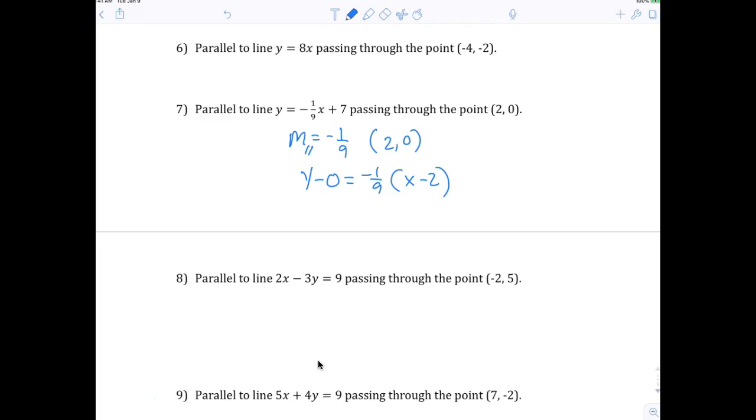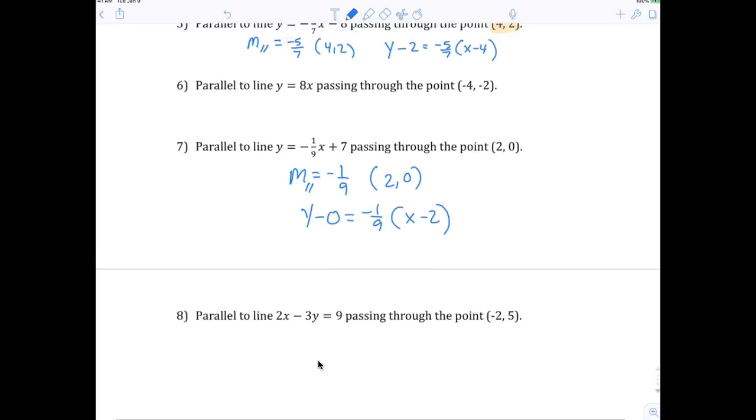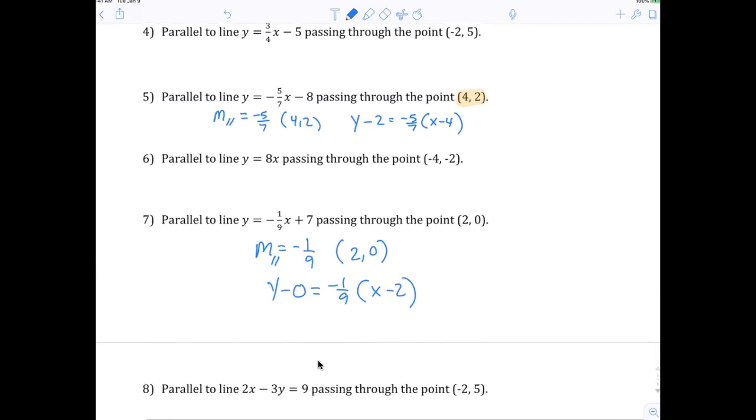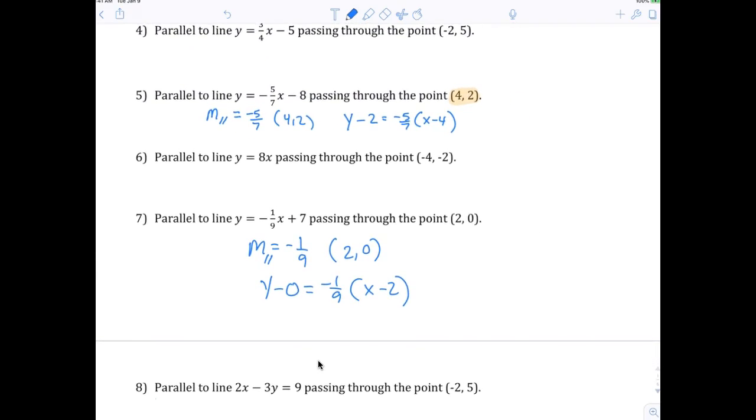So here we go. We're going to go back to number 5. We'll do this enough that you will get the hang of it, but you've got to pay attention.